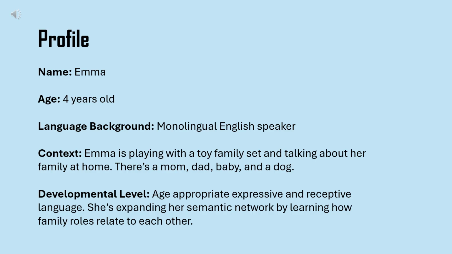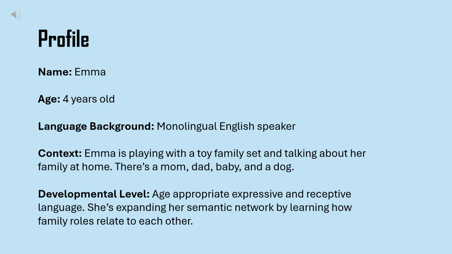All right, so let's start with a quick snapshot of Emma. Again, she's 4 years old and she only speaks English, and she's developing language on the right track for her age. The context I'm using is Emma is playing with a family toy set. There's a mom, a dad, a baby, a dog, and she's talking about her own family while she's playing.